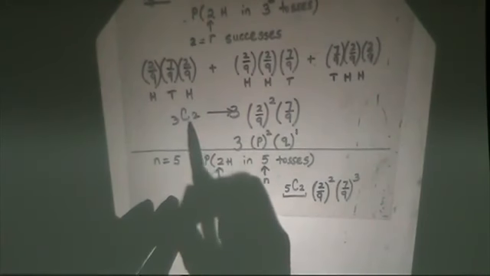Exactly right. This would not be 5, right? This would be 5 choose 2. Just as this number was 3 choose 2. So look what I'm saying. This coefficient right here is the number of ways of picking the 2 places where the heads will occur out of the 3 places.